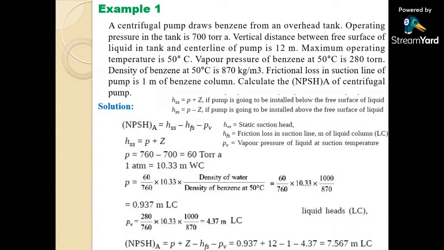Focus here. Where is the location of the pump? Obviously we have two different tanks, reservoir and sump. Ultimately the location of the pump will be somewhere between, above or below the sump. So instead of focusing on the reservoir or the tank, focus here. Now this pump is located above the surface of the liquid in the sump. So in that case, we have to say that Z is negative.